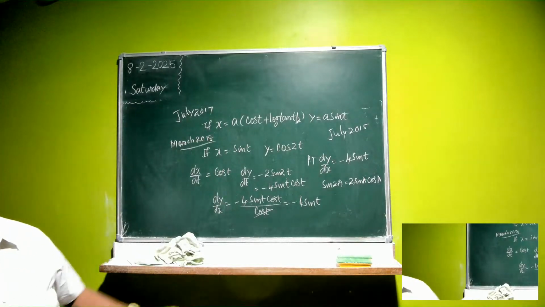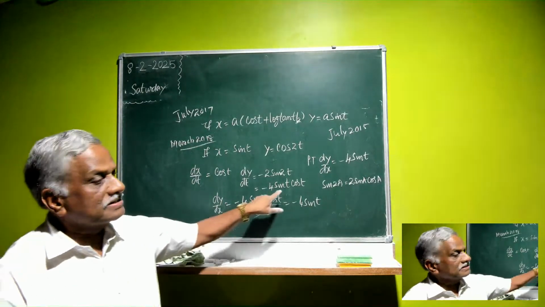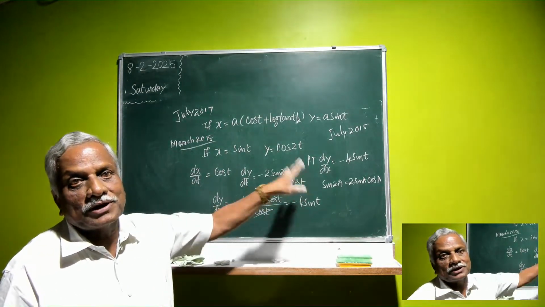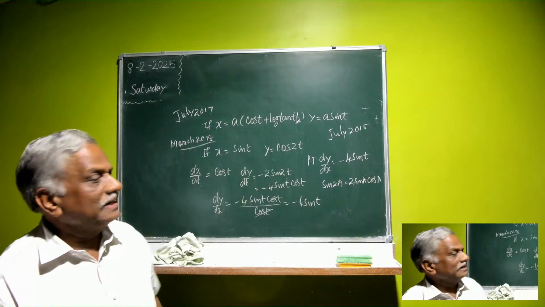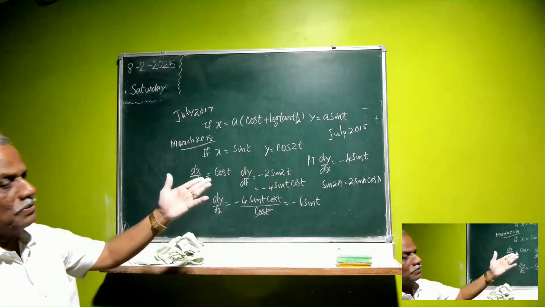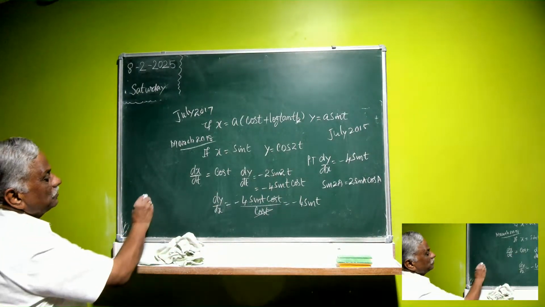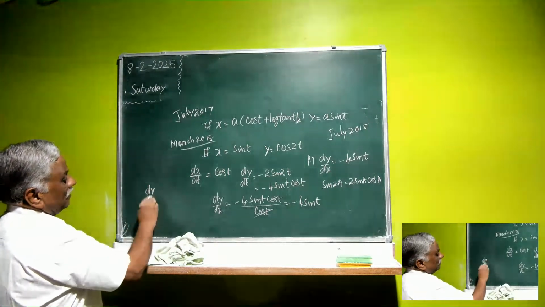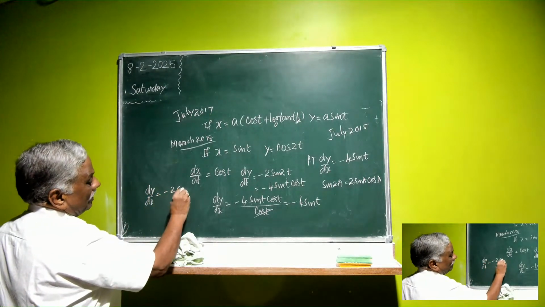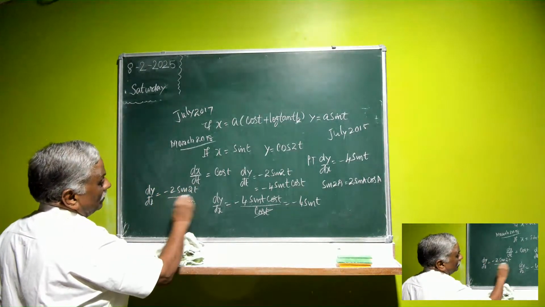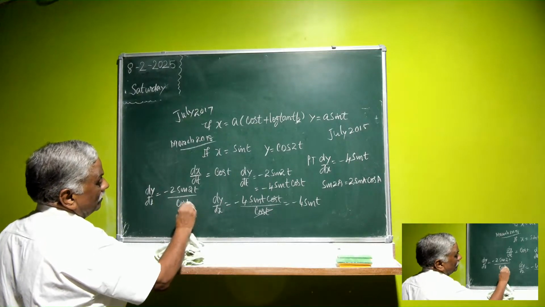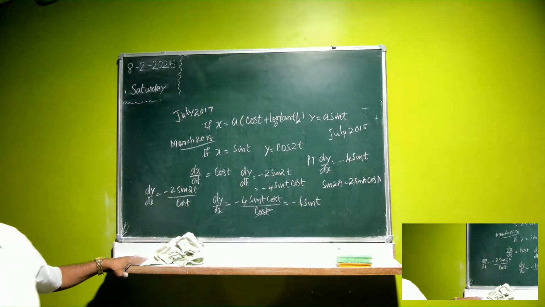Not a difficult problem. But the chances are there you may lose the marks if you don't remember. In that case, supposing you don't get that answer, at least you can write this: dy by dx is equal to minus 2 sin 2t over cos t, and leave it like that.